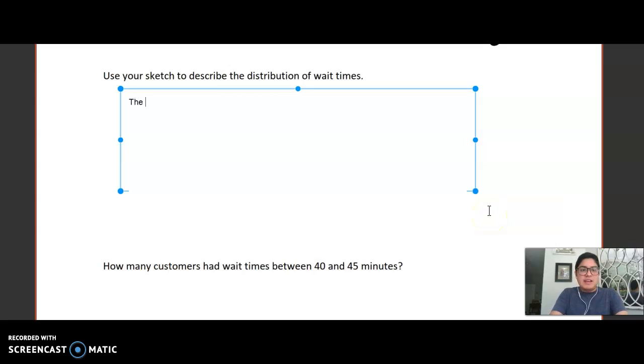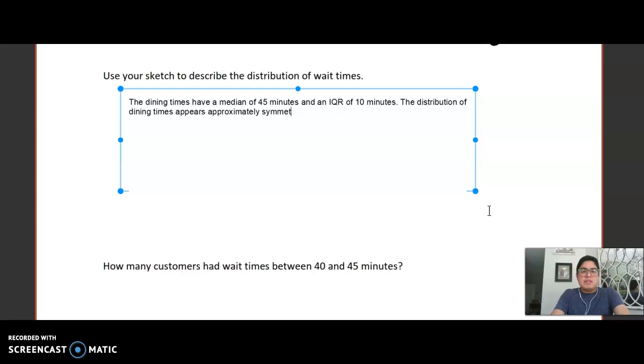So the dining times have a median of 45 minutes and an IQR, or interquartile range, of 10 minutes. The distribution of dining times appears approximately symmetric, and there are 2 outliers.